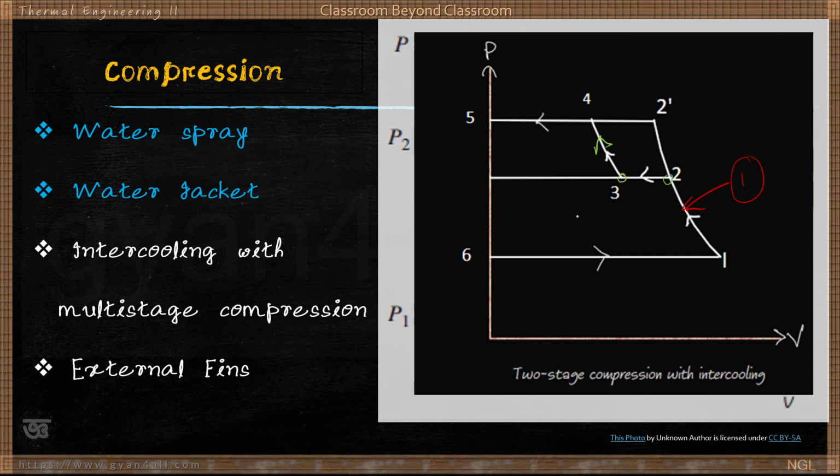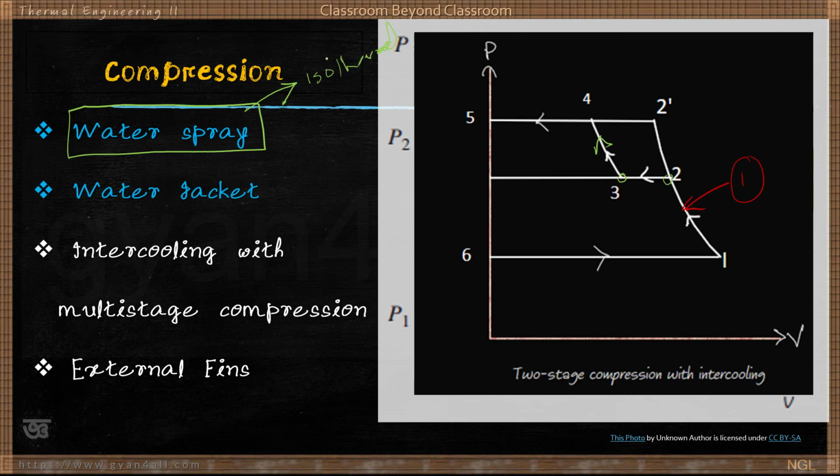We are going to explain what is process 2, 3. Now in process 1, 2, in actual practice during compression we may spray water on the compressor. That way the heat will be carried away by the water, so it tends to be isothermal.